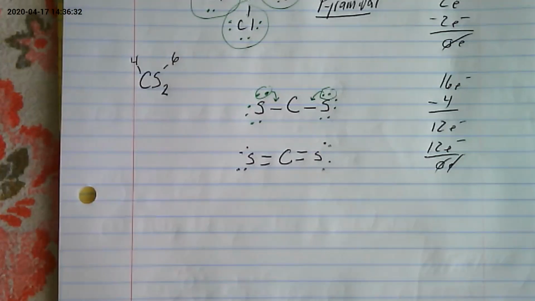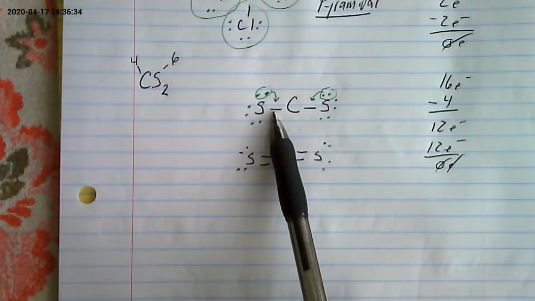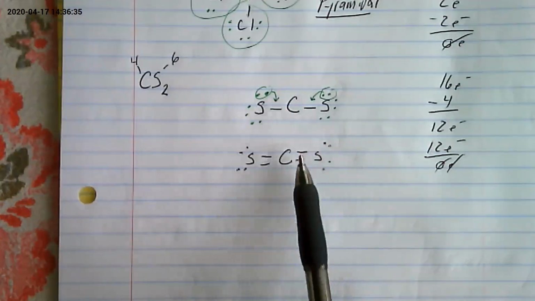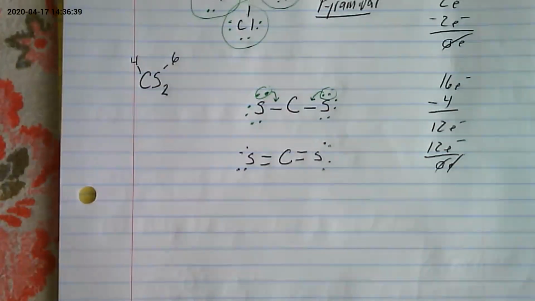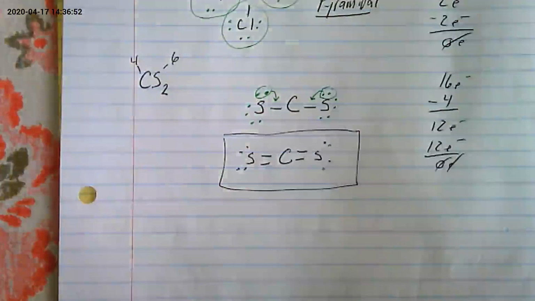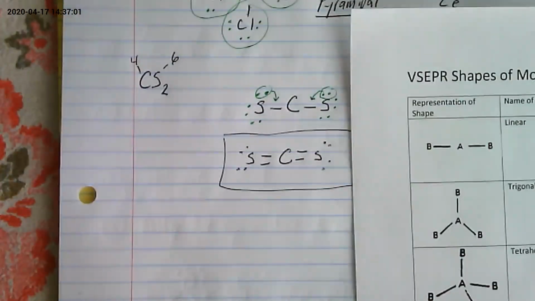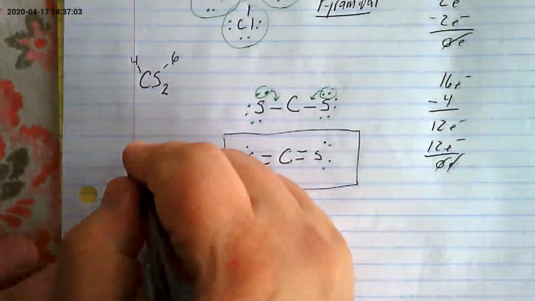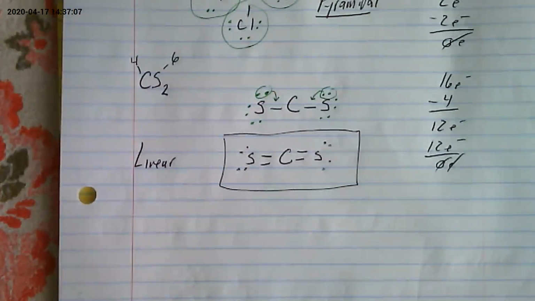What we do is we take these electrons and move them down. So what you end up with is a double bond, and that is how double bonds are formed. When you don't have any more valence electrons to satisfy the octet of the central atom, you let the outside atoms form another bond.